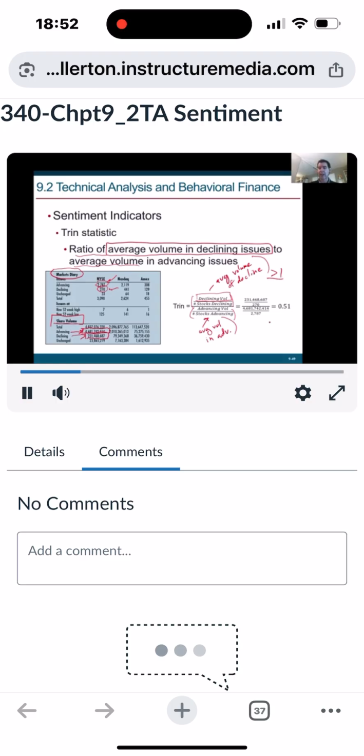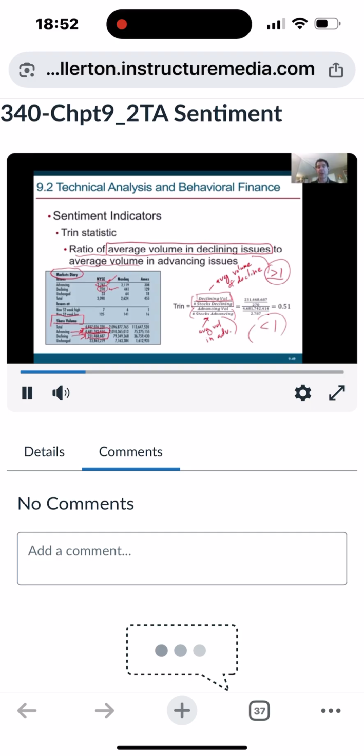That's pessimistic. When it's less than 1, what does that mean? That means all the trading was going on in the stocks that were going up. That's a positive sign, an optimistic sign. So that's something you need to remember and really watch out for here. The trend statistic, when it's greater than 1, is pessimistic. And when it's less than 1, it's optimistic.